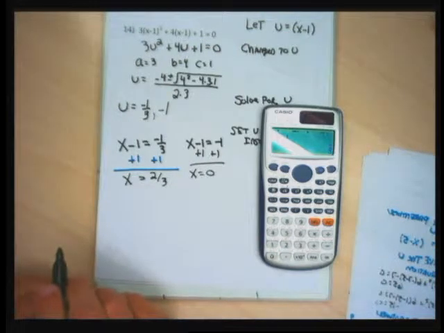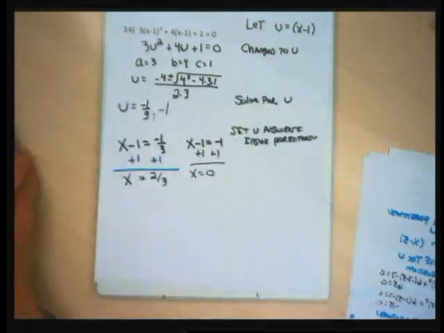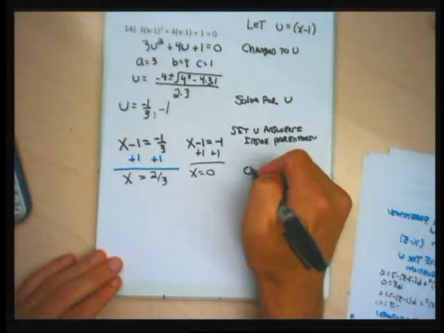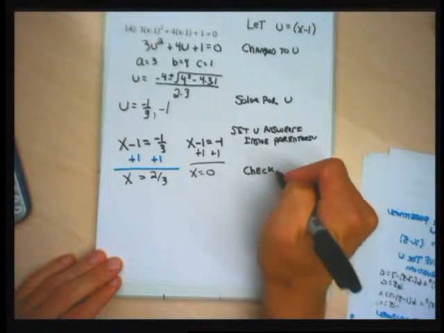I'm going to check both of them. You don't usually get extraneous solutions when you're working with the u method, but I'm going to check.